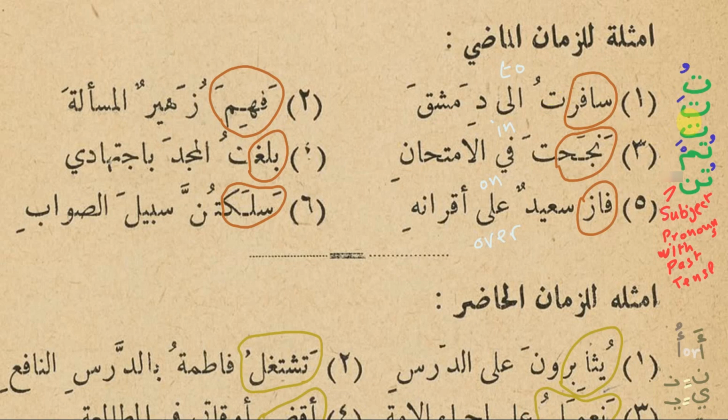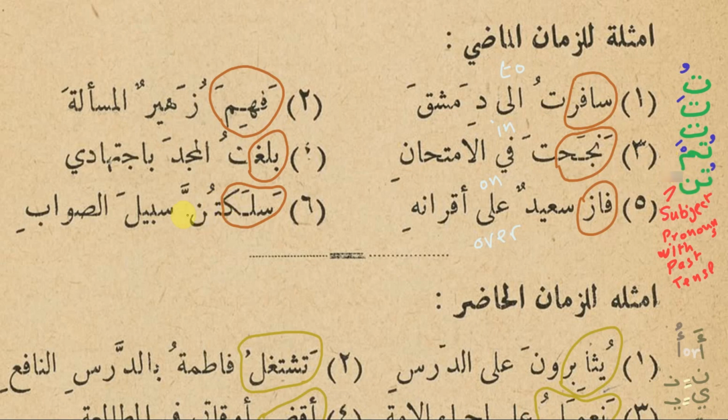So tu, ta, ti. Now, if you take this tu here and you add m to it, a silent m or a quiet m, no movement on it, so tum, that will mean second person plural, masculine. Tum, m for masculine. Tunna is for feminine. So tunna, سلكتن.